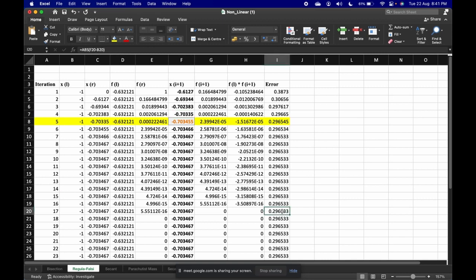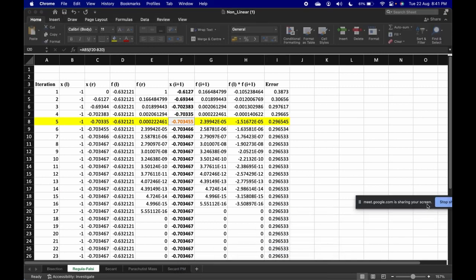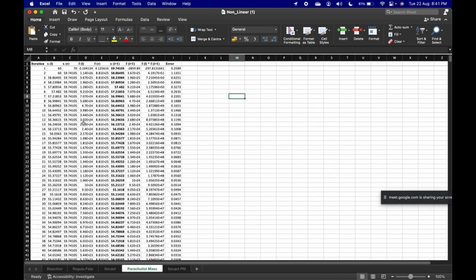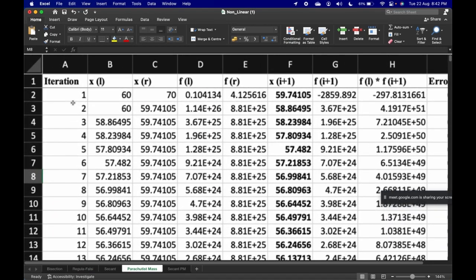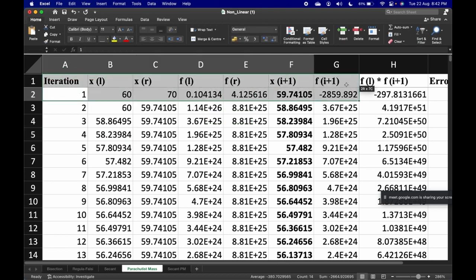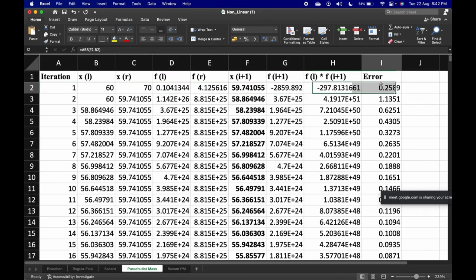We had talked about this, right? Secant I'll talk later. So if you see, we have done this iteration number 1, right? We got this value. Sorry.